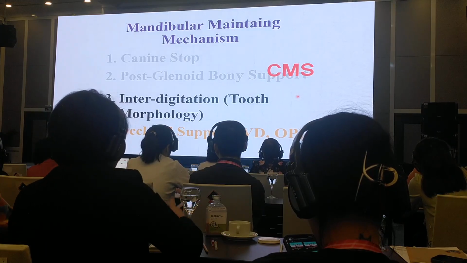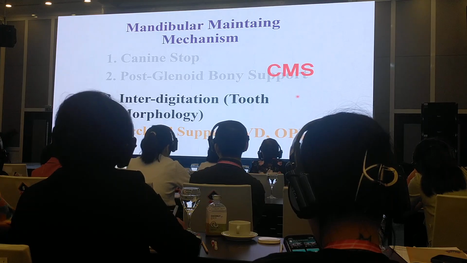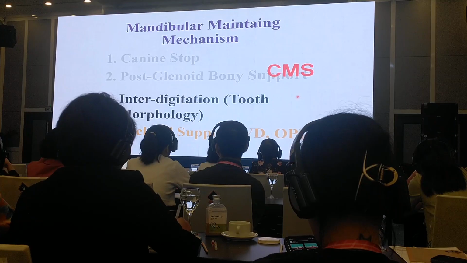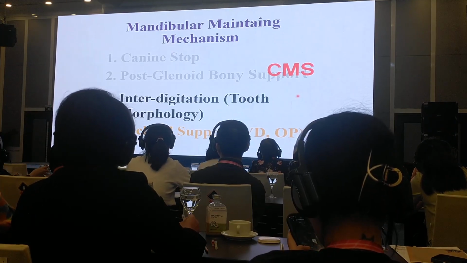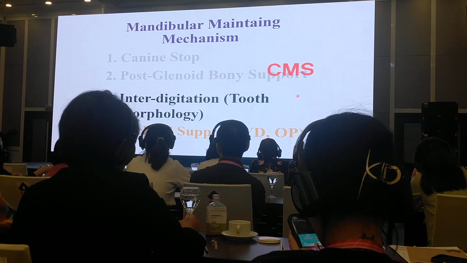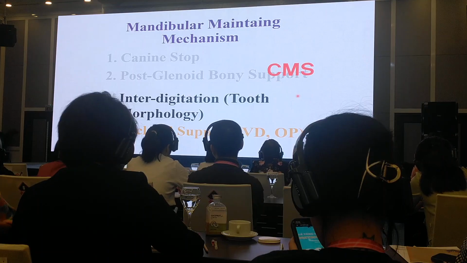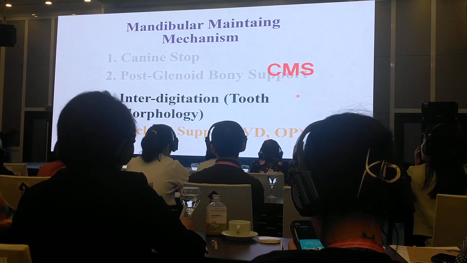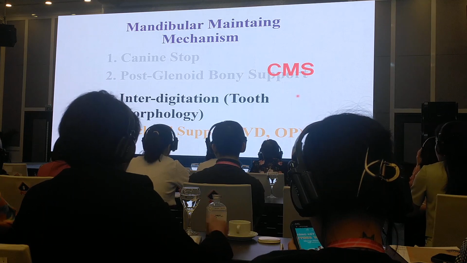This is a very, very important step for diagnosis and treatment plan. Nowadays, without this kind of examination of the joint, I cannot read the patient.